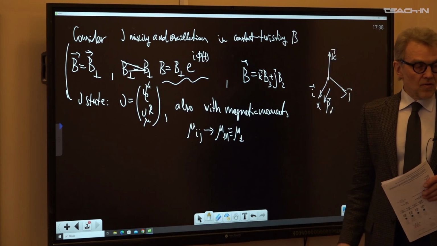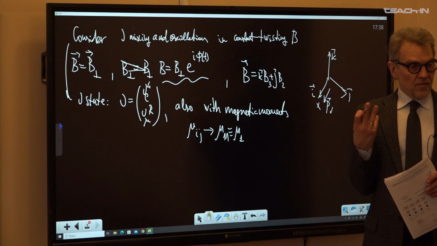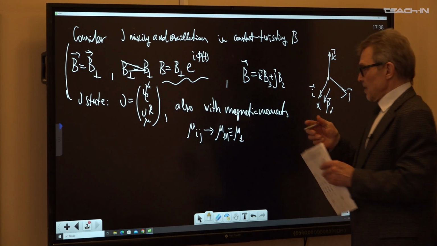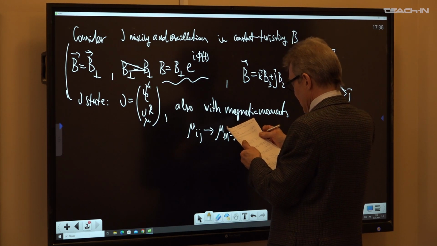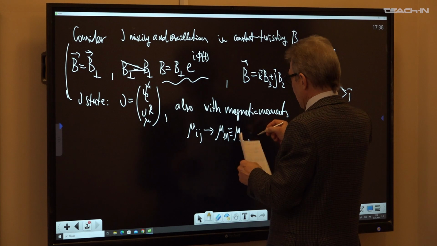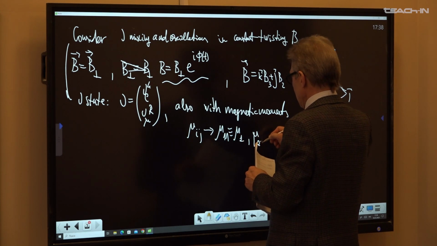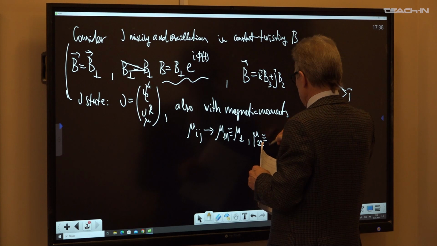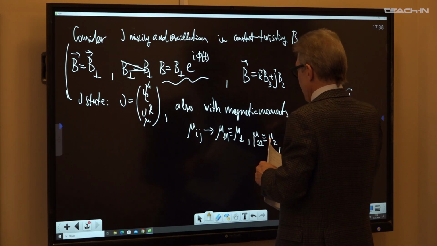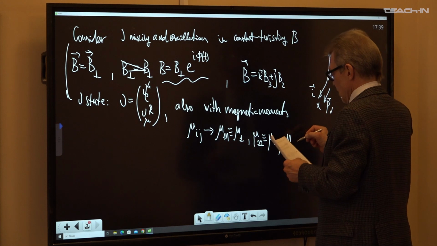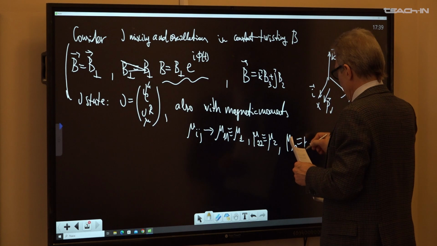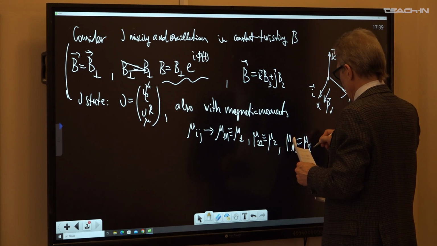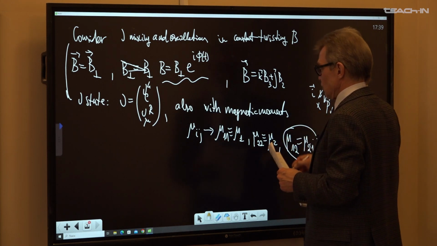This is magnetic moment of the neutrino of mass 1. Then magnetic moment of the second neutrino. This is mu 2. And magnetic moment mu 1, 2 to 1. This is the transition magnetic moments.